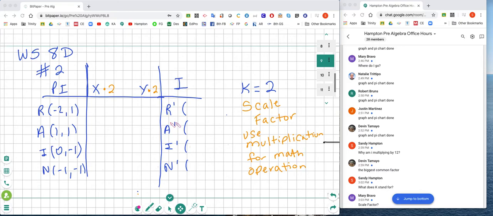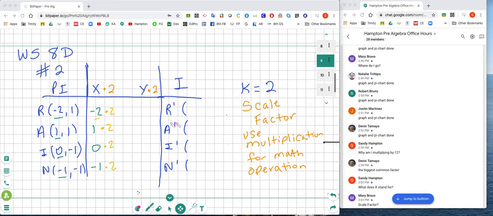So -2 is our x, 1 is our x, 0 is our x, and -1 is our x. Now we're going to go ahead and multiply by 2. So times 2, times 2, times 2, times 2.